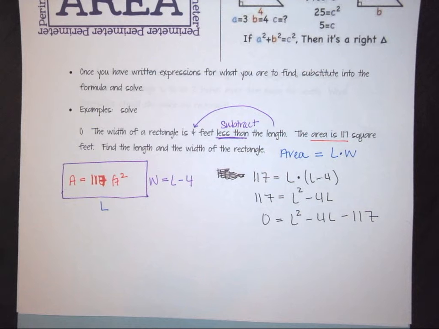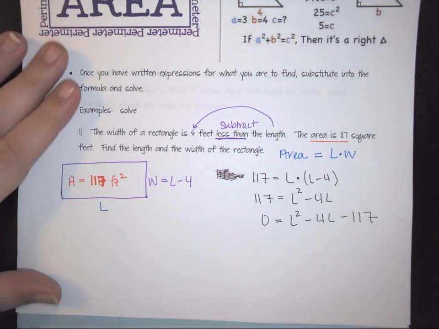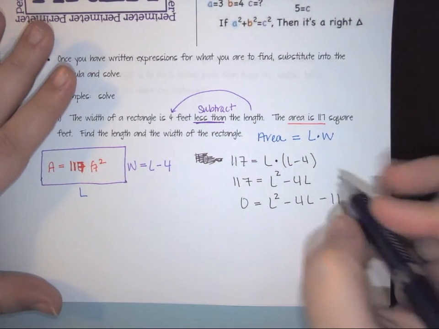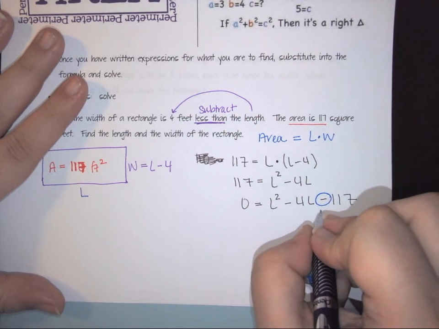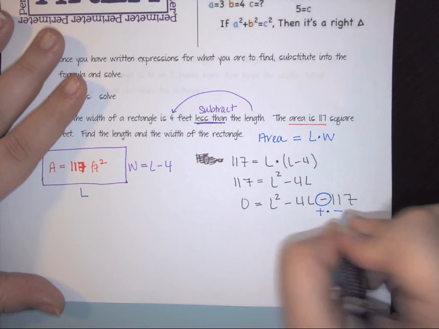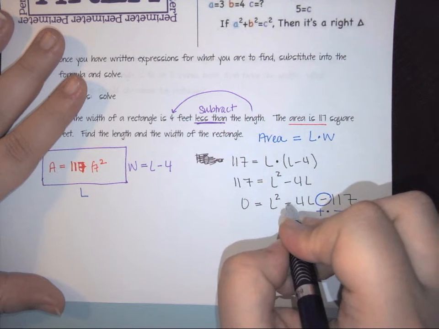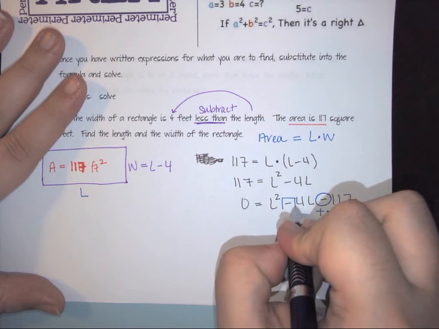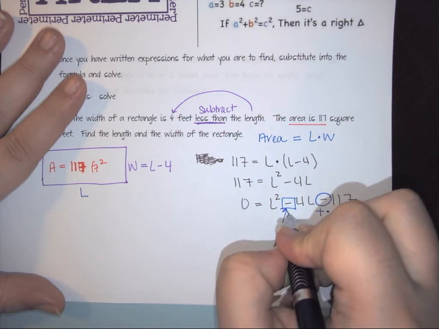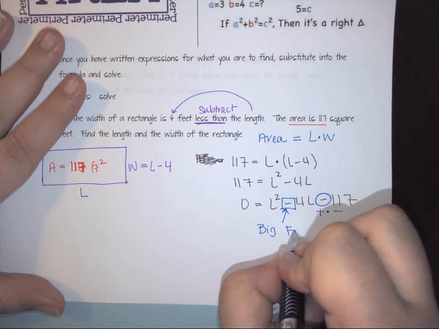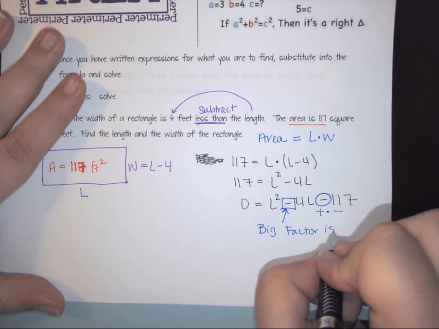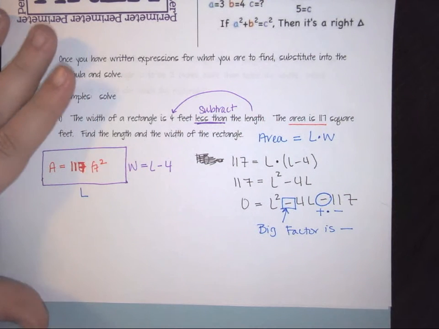Again, we need to factor it into its parts. So to do that, we need to recognize a couple pieces. First, this back term tells you that my factors are going to be positive times negative. This front term here tells you that the bigger factor is negative.